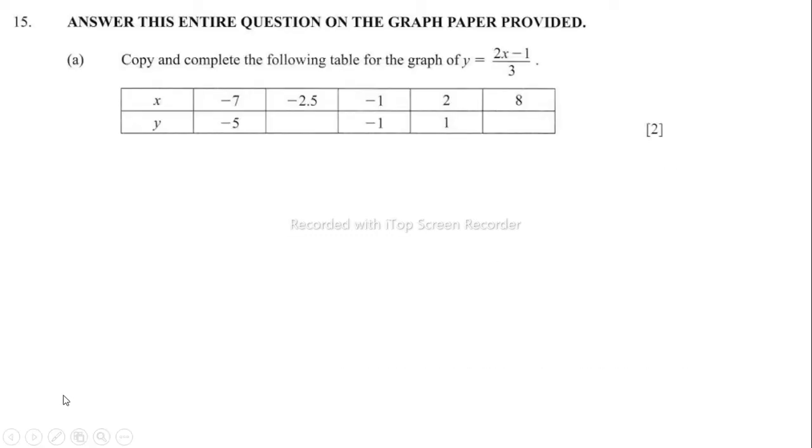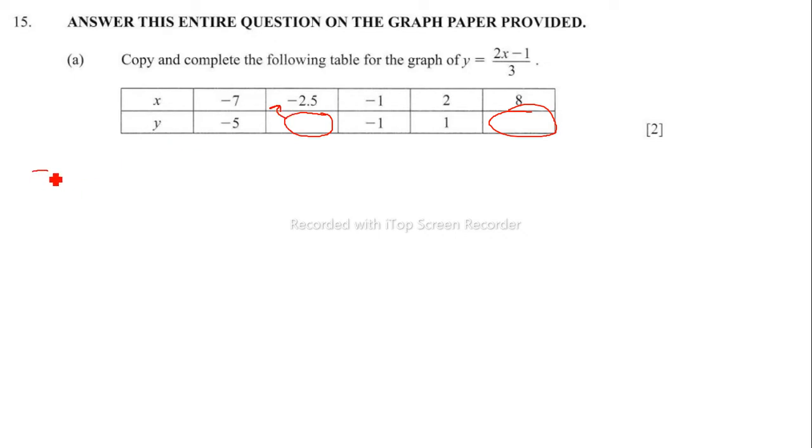So what we're gonna do is say y equals... We want to figure out what this missing value is. We know the corresponding x value here is negative 2.5.